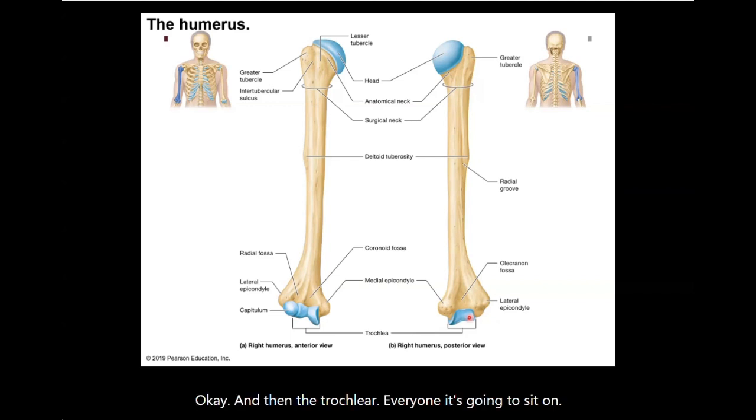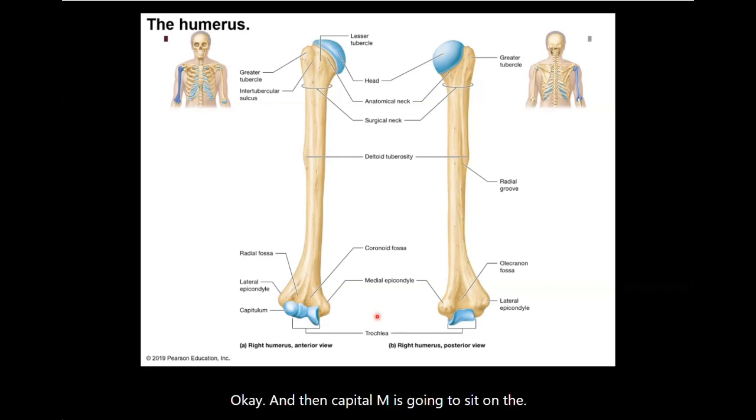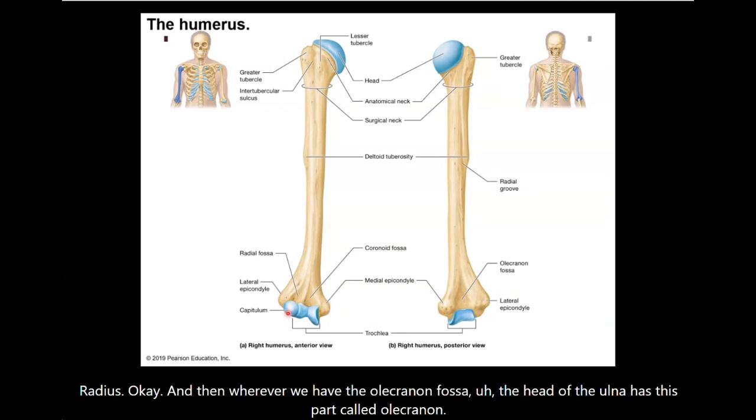The trochlea is going to sit on the ulna, where we have the trochlear notch. You remember notch, right? So the trochlea from the humerus is going to sit on the trochlear notch of the ulna, and the capitulum is going to sit on the radius.